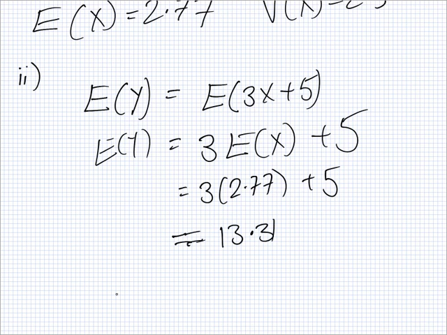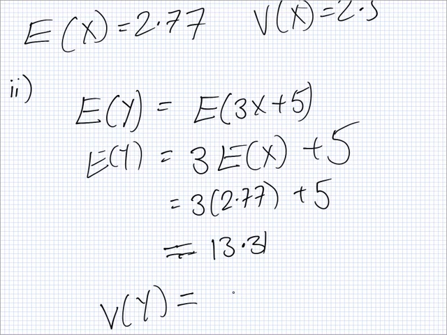Okay. And now the next part is the variance of y. And what do you think that's equal to, if you were to guess? Like, what would be the formula here? What do you think? Do something similar to this, is it? Yeah, you think perhaps it works the same way for variance.